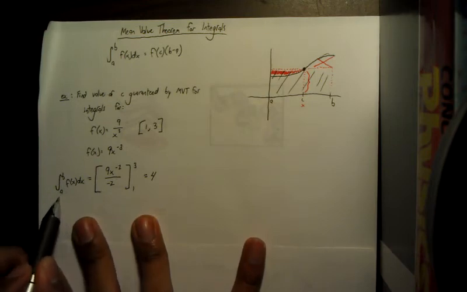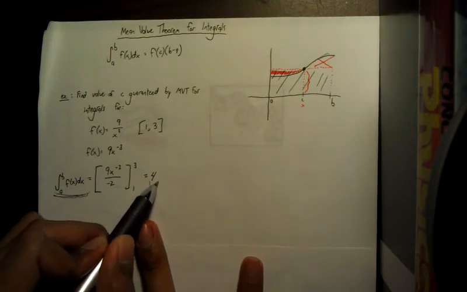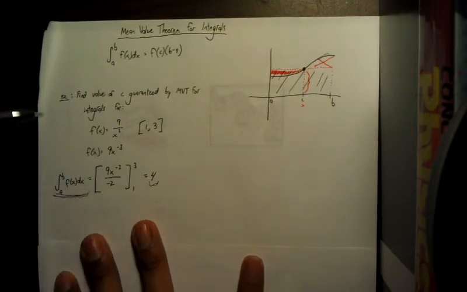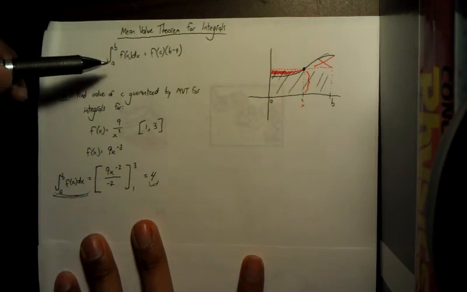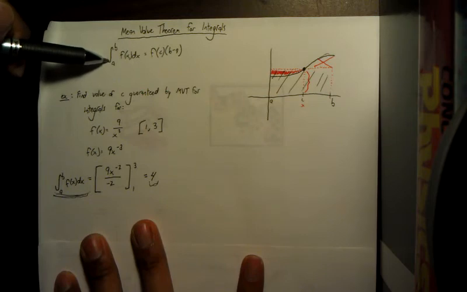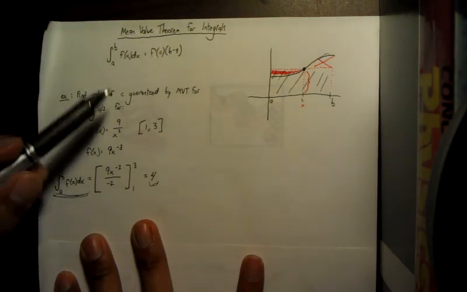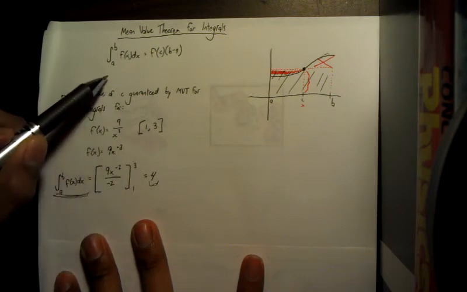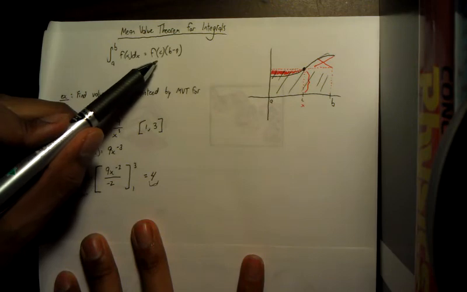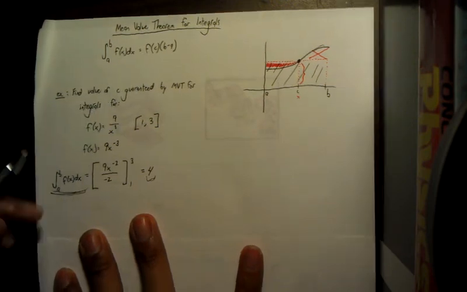So essentially, this right here is equal to 4. And if this whole part here is equal to f of c times b minus a, we can plug this 4 into this side of the equation and then use that to solve for c, which is what we want.